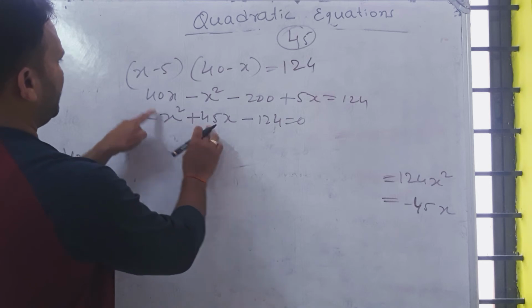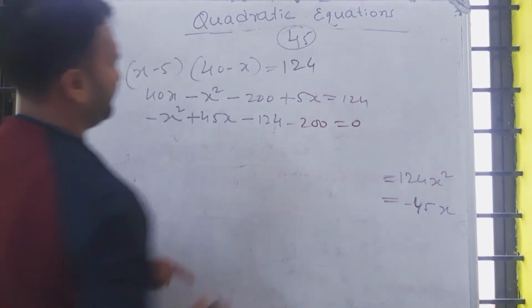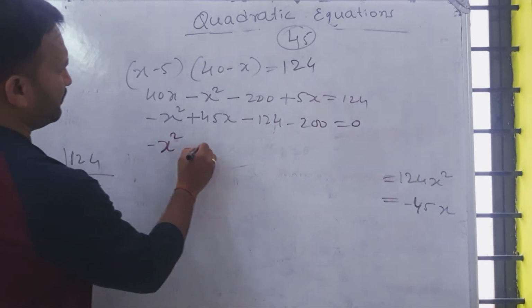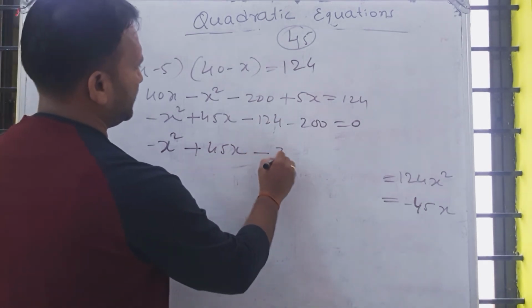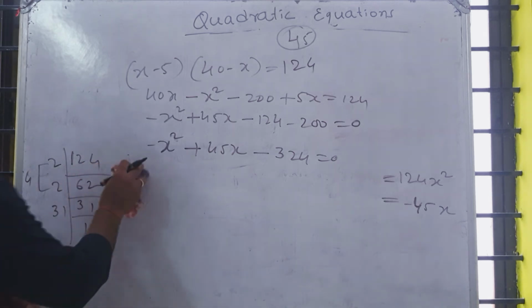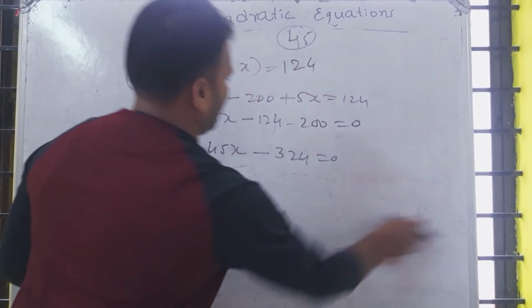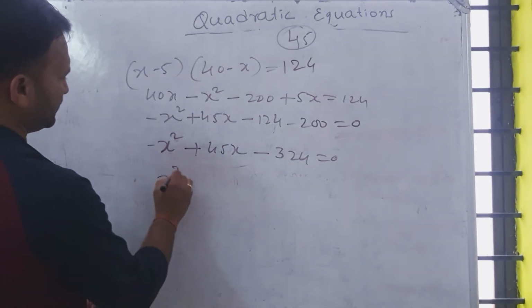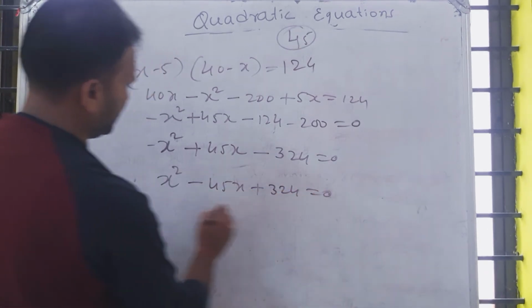Where is the 200? We took this to the other side. So x square minus 45x, it is plus 324. It is not 124 here, that's why it's not coming. Now remove the minus: x square minus 45x plus 324 is equal to 0.